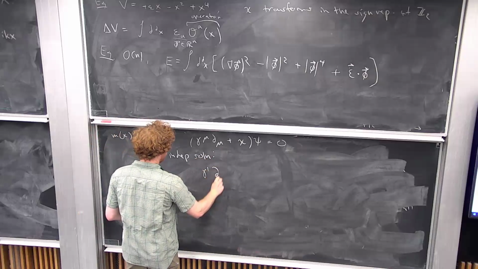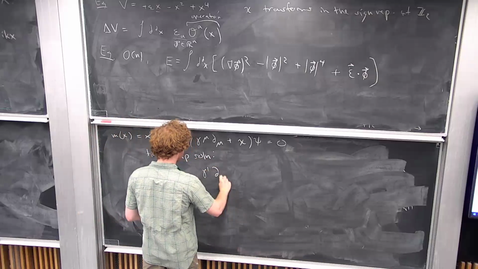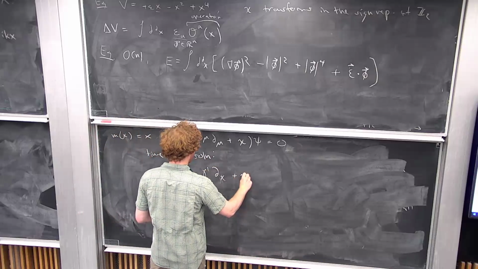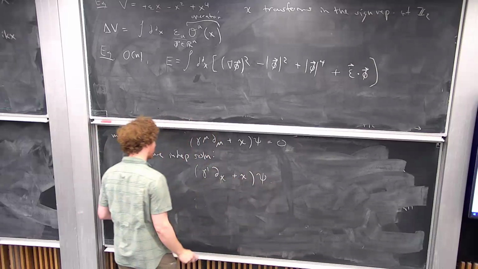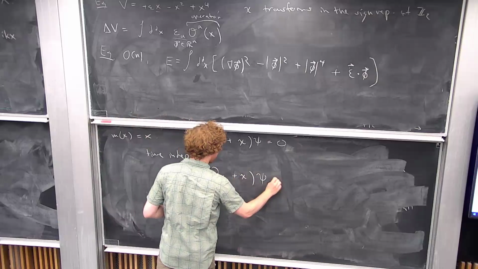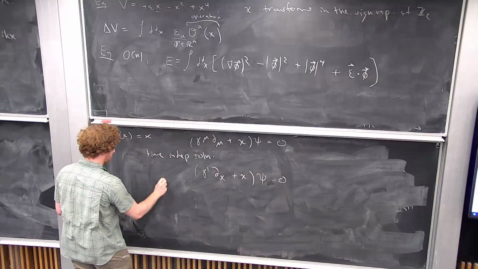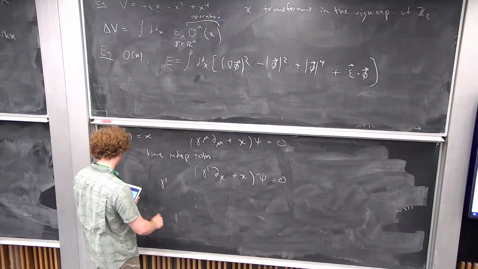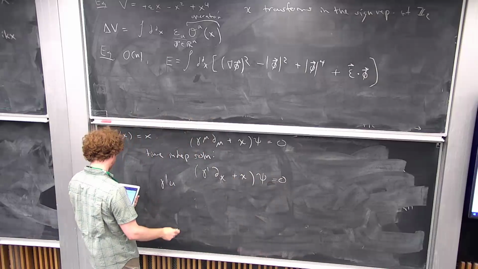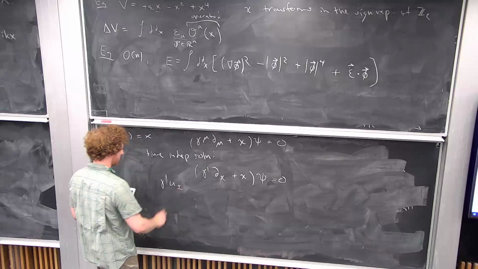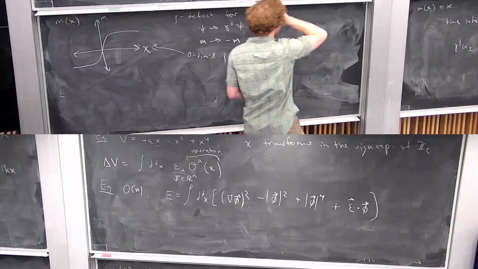So we have gamma 1 dx plus x times psi. If we write u, gamma 1 has eigenvalues plus or minus 1.